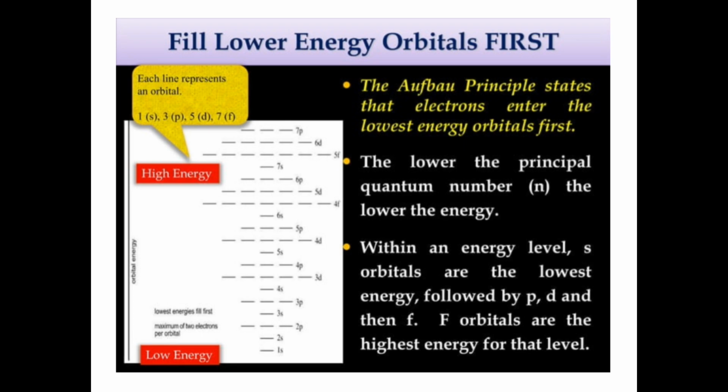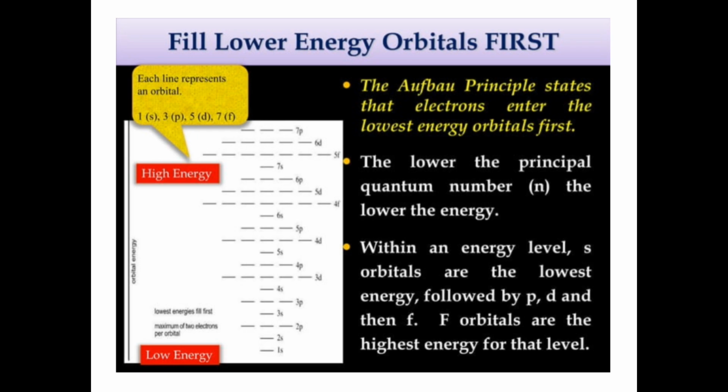The Aufbau principle states that electrons enter the lowest energy orbital first. The instruction is that when you are writing the electronic configuration following the Aufbau principle, you fill the lower energy orbital first.